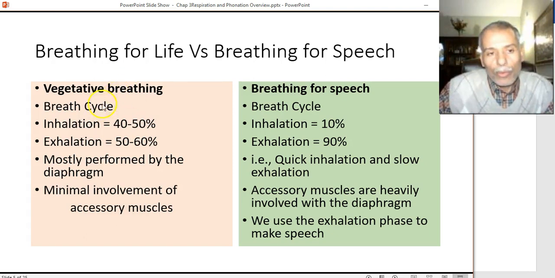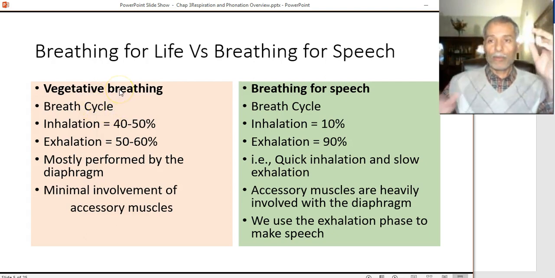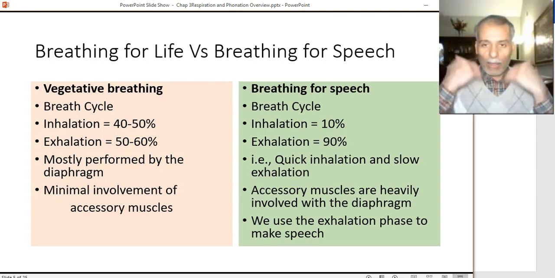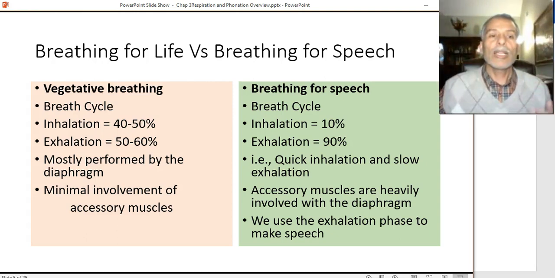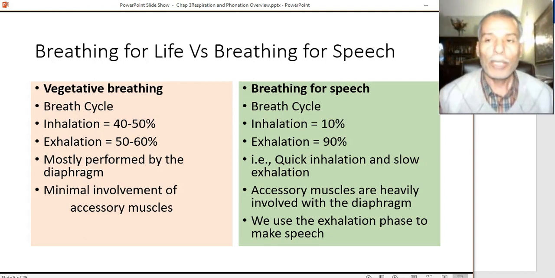In terms of looking at the breath cycle itself, for vegetative breathing, you are going to have two parts of the cycle, an inhale and an exhale. The inhalation part takes about 40%, that is if you are resting, not exerting effort, not speaking, for example.